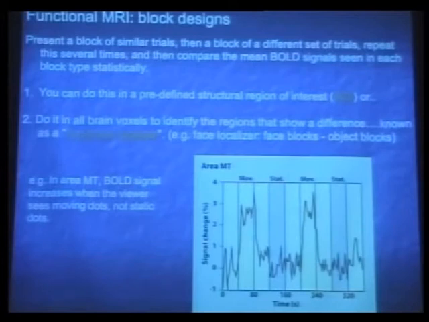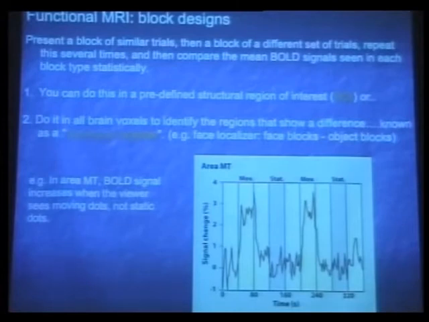So if you're trying to show an area that doesn't respond just to objects, but more specifically to faces, what you might use for that second set of blocks is non-face objects. And you can do this over and over again, show faces, show non-face objects, show faces again, show non-face objects, alternating back and forth. And then after a while, you statistically compare what happens in the brain when they're seeing faces with what happens when they're seeing a non-face object.